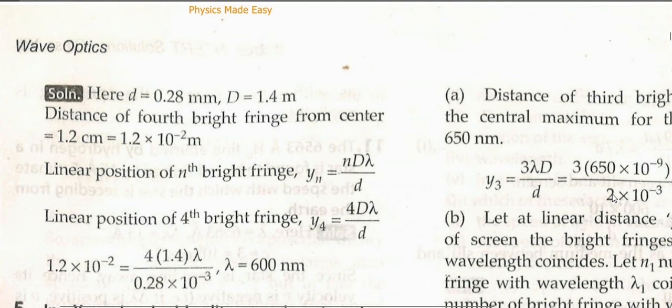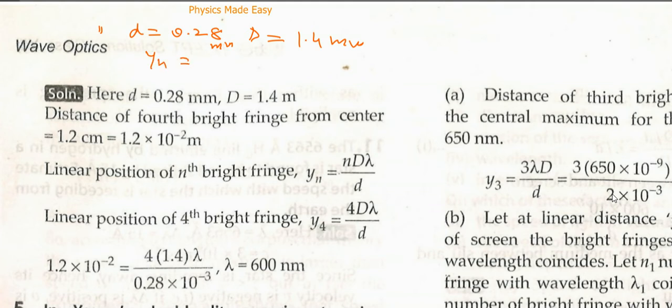Now let us come directly to the formula. This distance d is 0.28 mm, and this is 1.4 meter. 1 mm is just this distance, even lesser than this, less than 1/3 part. Now, the formula for the nth bright fringe is n lambda D by d, where D is the distance of the screen and d is the distance between the sources.